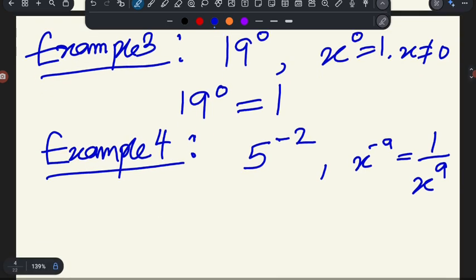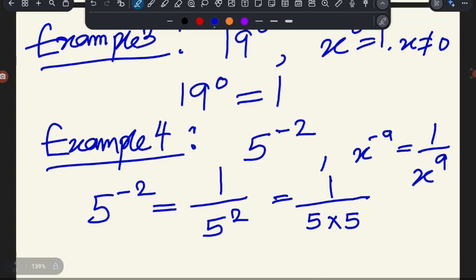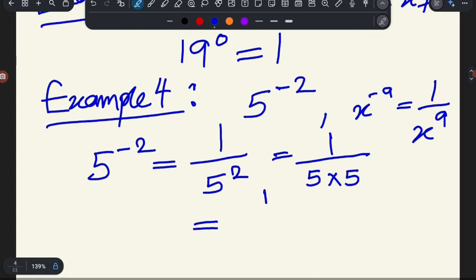So, you just change it directly, that 5 raised to the power minus 2. It is so straight to the extent I say 1 over 5 squared. So, therefore, we have 1 over 5 times 5, which is equal to 1 over 25.